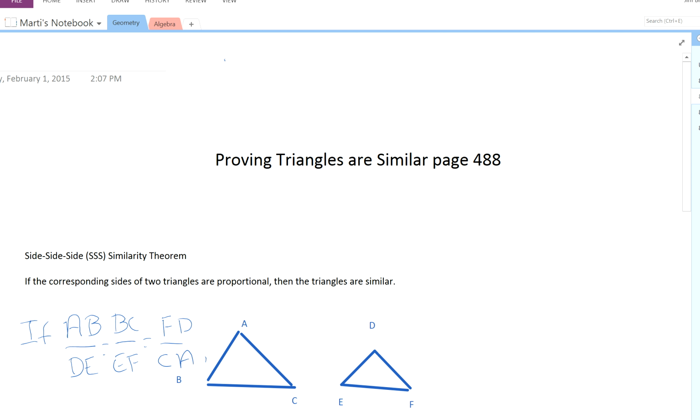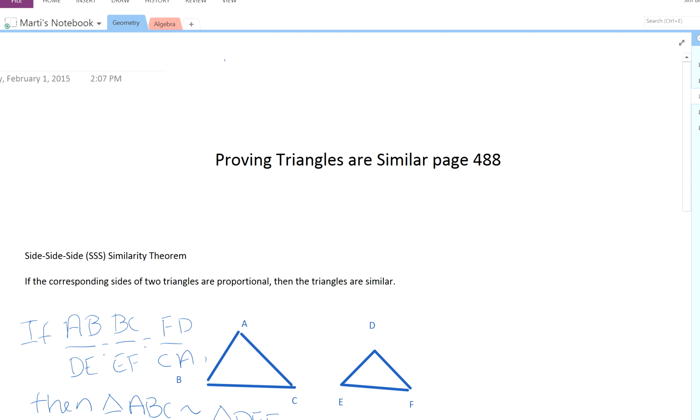If that is true, if those three ratios are equal to each other, then we can say the two triangles are similar. Alright, that's the first theorem.